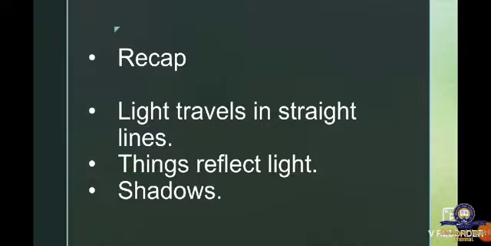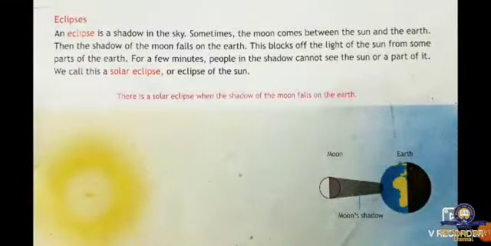And in this video we are going to see eclipses. An eclipse is a shadow in the sky. Sometimes the moon comes between the sun and the earth. You can see here the moon comes between the sun and the earth. Then the shadow of the moon falls on the earth.